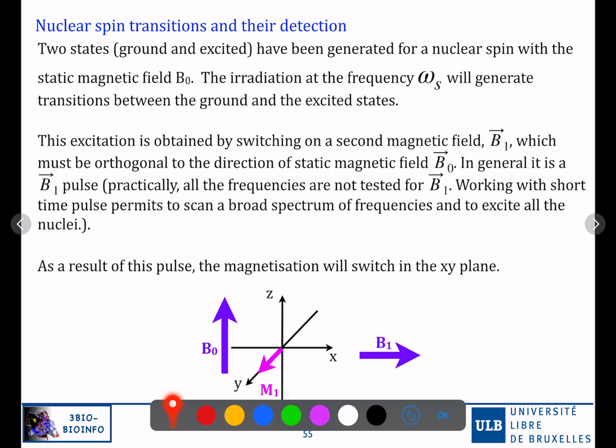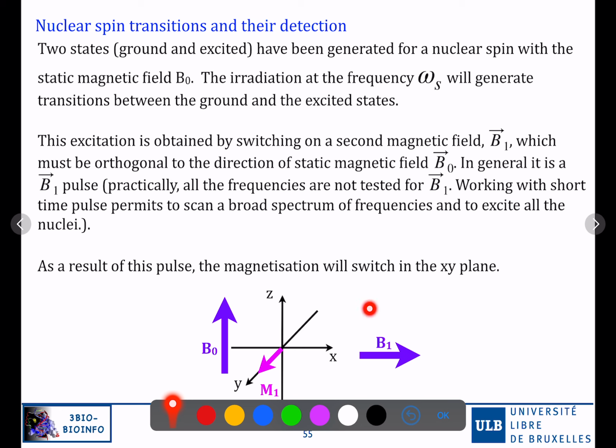What is the result of this pulse of the B1 magnetic field? The result is that you will switch the magnetization in the XY plane.